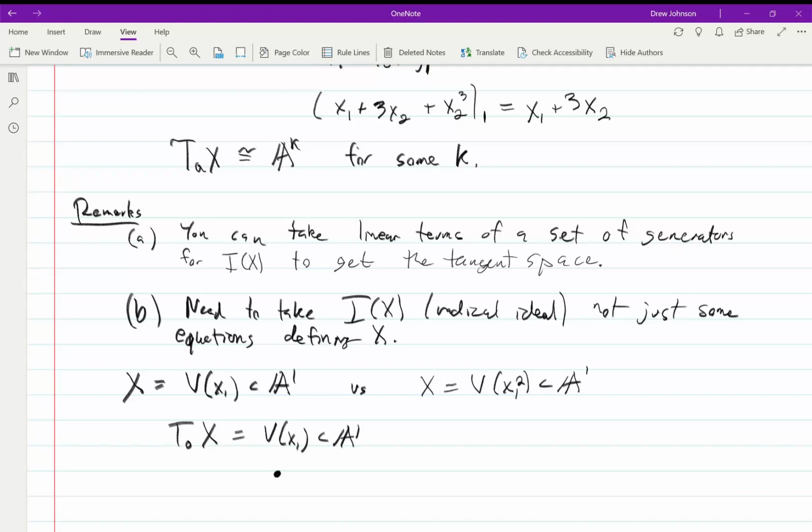So we're looking at the tangent space to a point, right? So that's exactly what we expect here. The zero-dimensional vector space, this is a single point. But the tangent space here, if you try to compute it this way, would be the vanishing of, well, the linear term here is 0, right? So this is equal to A^1, a one-dimensional vector space.